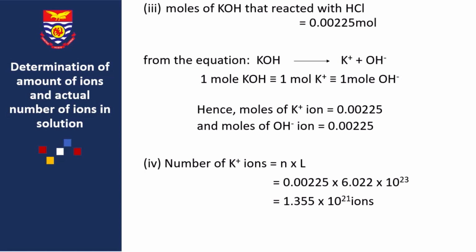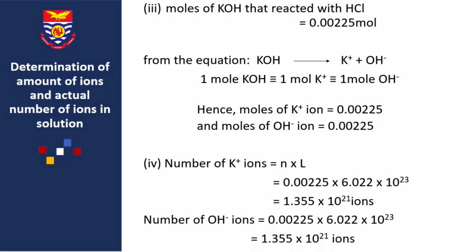Even if it is not given, this is a constant. So let's do a substitution. Remember, we have moles times ions per mole. So moles will cancel moles, and we have 1.355 times 10 to the power 21 ions. That's the number of ions of potassium.